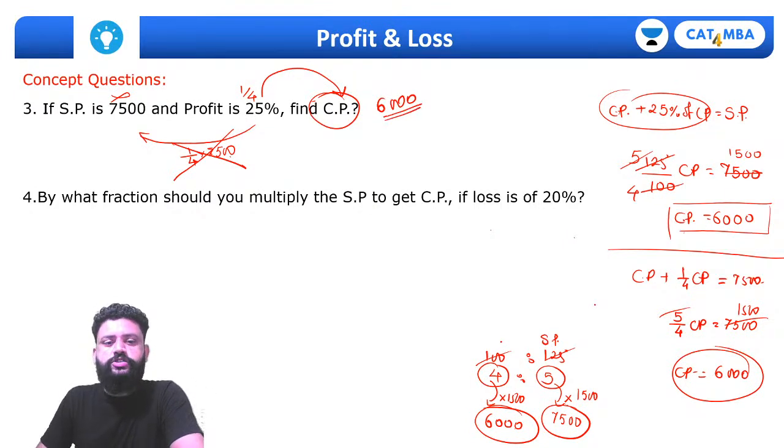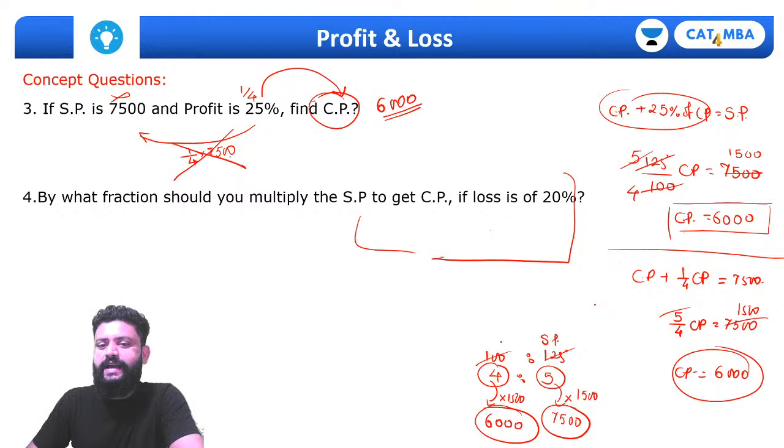Okay, by what fraction should we multiply selling price to get the cost price? This is a very simple question. If there is a loss of 20%, that means 80% of CP is SP.